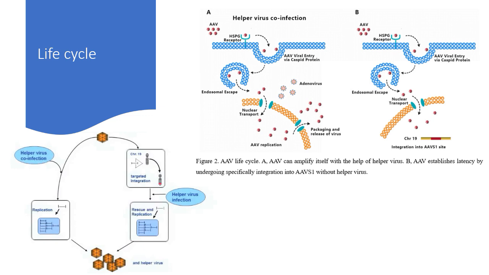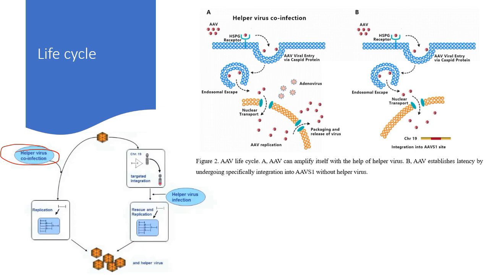So what is the life cycle of this virus? As I told you earlier, the life cycle depends on how exactly it works, so let me tell you. Normally this is a cell in which the virus will replicate, but normally it does not replicate on its own. We need a helper virus co-infection.